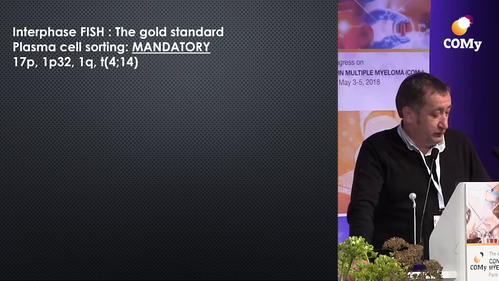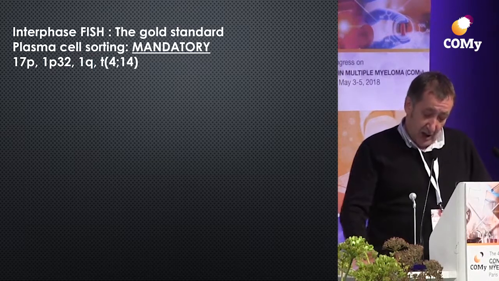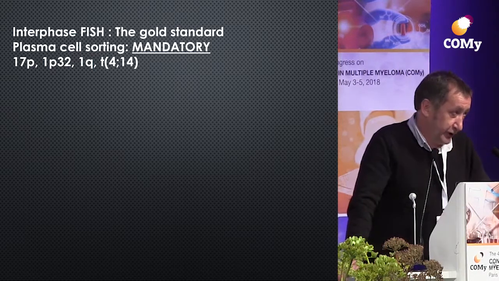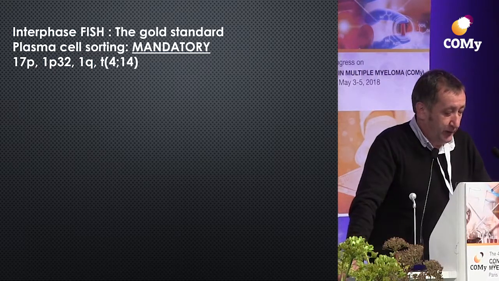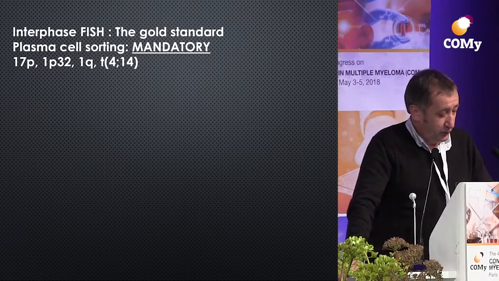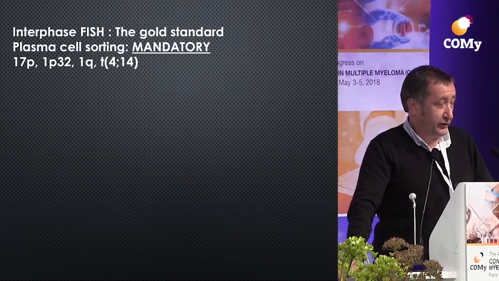And to me, the most important abnormalities we have to look for are the 17p deletion, the 1p32 deletion, 1q gain, and translocation 4;14. But again, we know that in the IMWG high-risk definition, we don't have the 1p; we have 17p, 1q and 4;14.